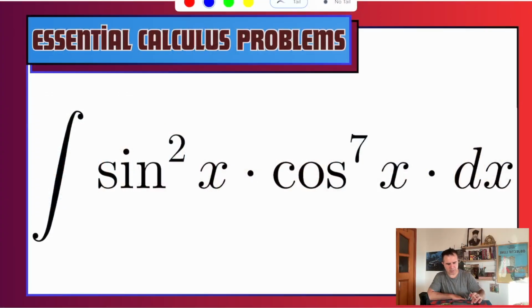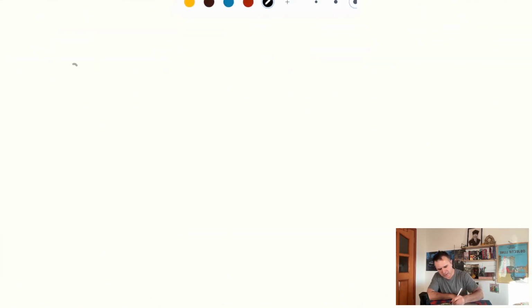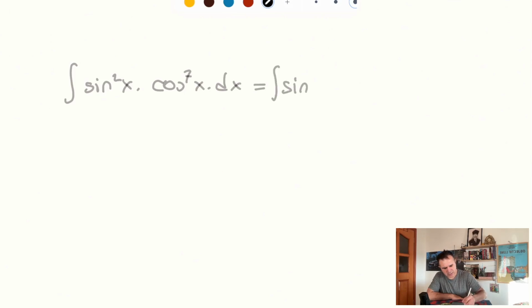And here let me solve the problem. Our function is sin² x cosine to the power of 7 x dx. I can rewrite this problem as sin² x multiplied by cosine to the power of 6 x times cosine x dx.